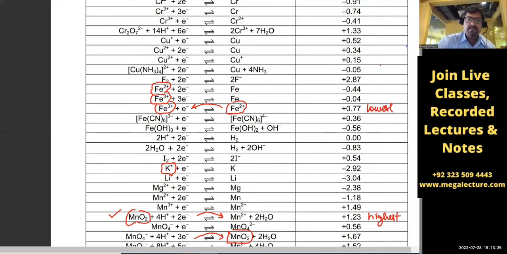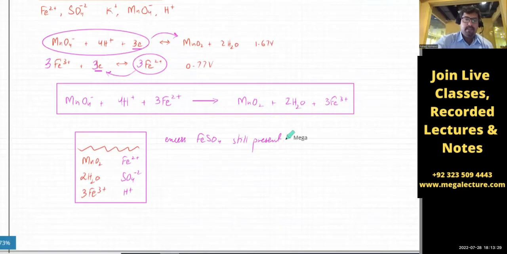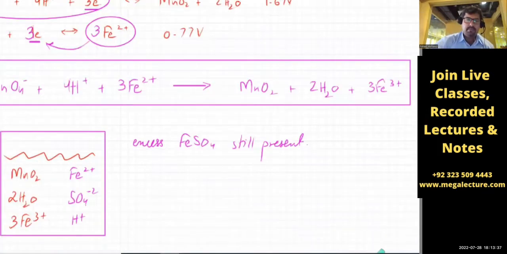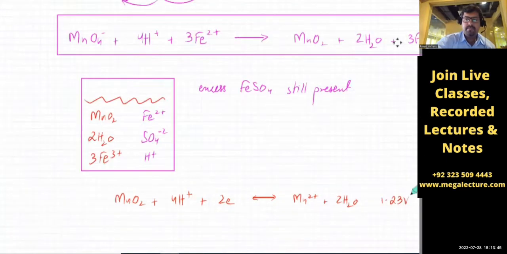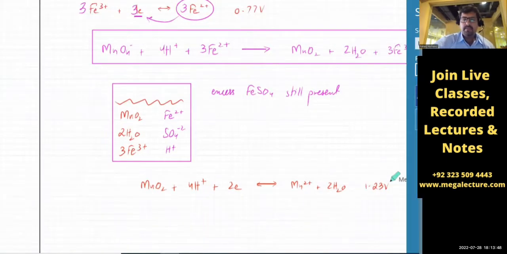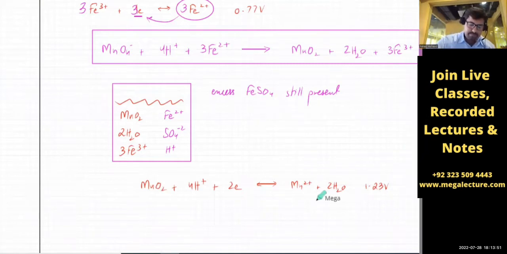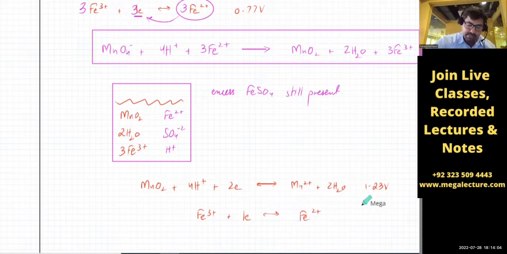So वापस जाके I'm just going to select the lowest now. एक second, stuck हो गया. अच्छा तो क्या था Fe3 plus 1 electron in equilibrium with Fe2 plus, and that was the equation I selected.